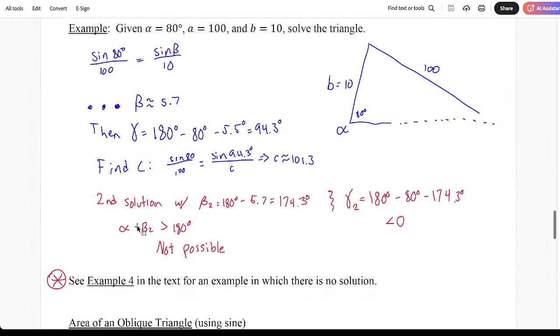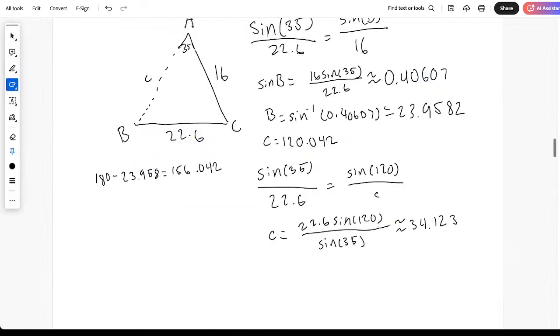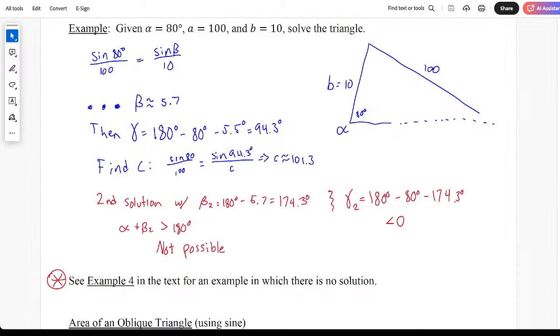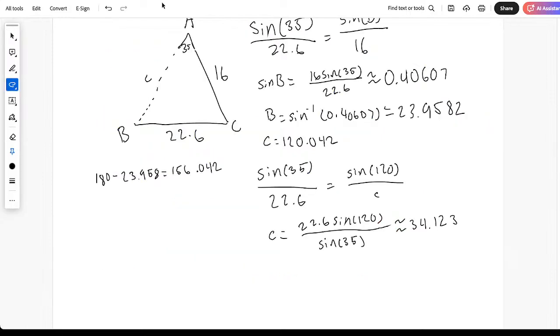And what do they do with that? So they wanted to see if alpha, which was this angle, plus B2 was less, oh wait, okay, I think I know what's going on. It's taken me a minute to think about this. They take your original, which was the 35, and add it to this new angle.